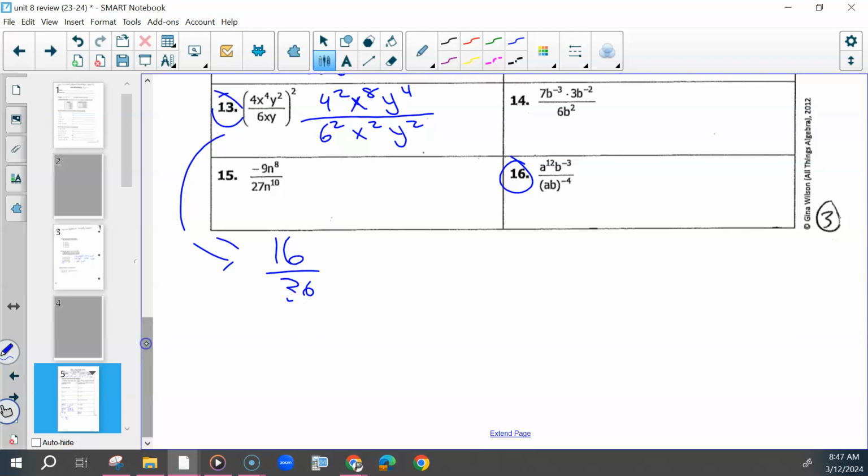If we're subtracting our exponents, this would be x to the 6th and y squared.